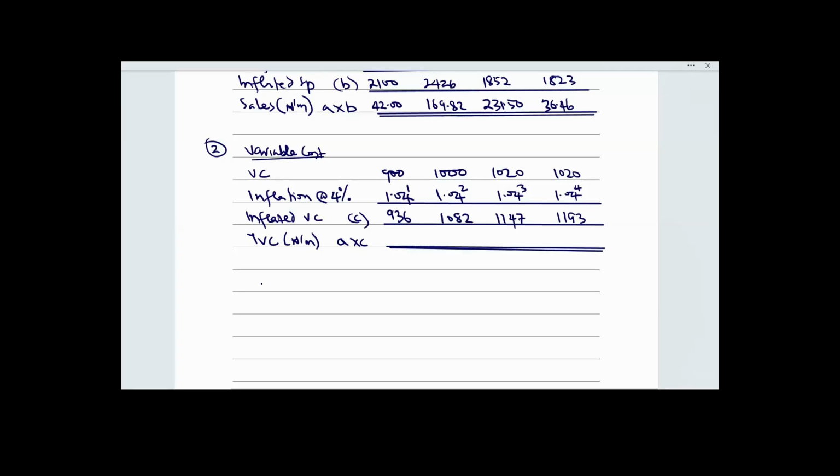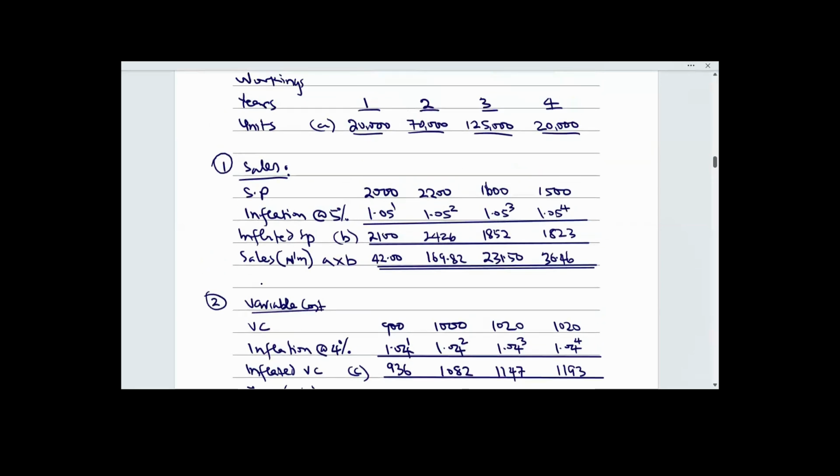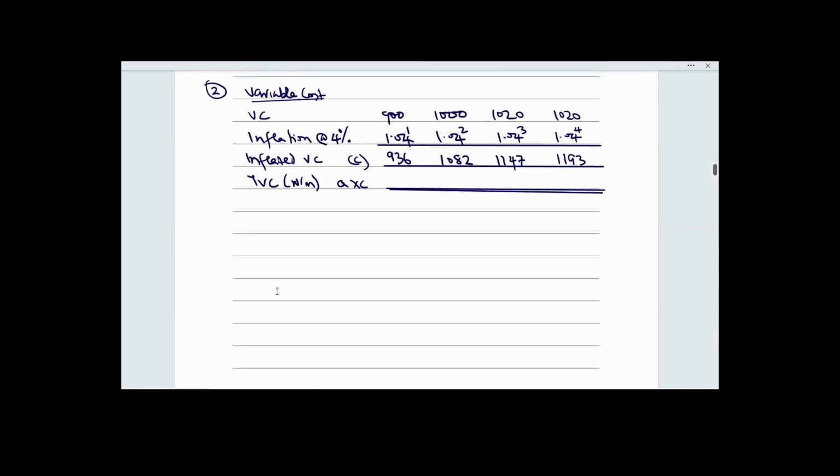All right. So the first year unit is 20,000 multiplied by 936 equal 18,720. This is 18.72. Our figures are in 2 decimal place, million.